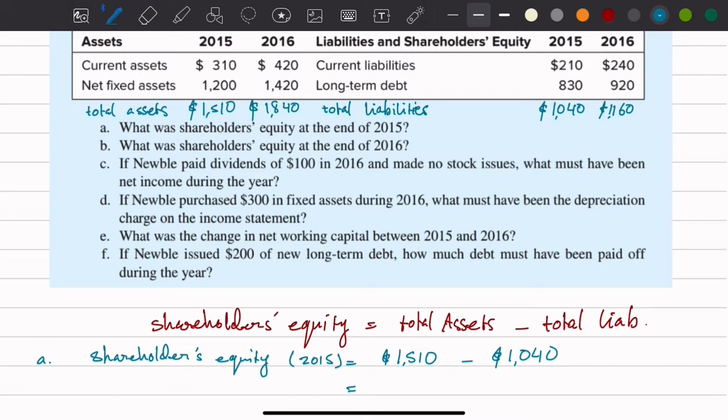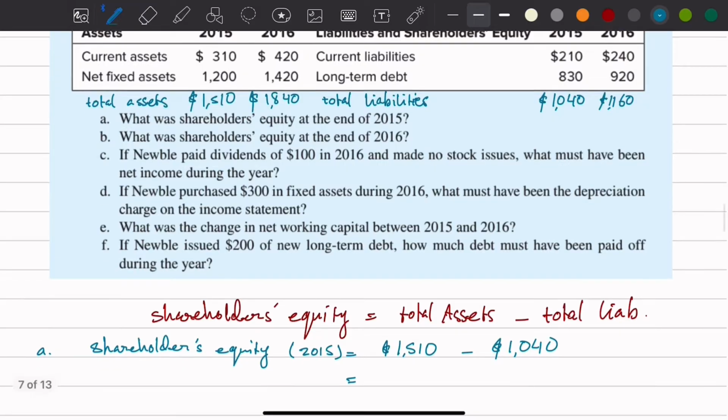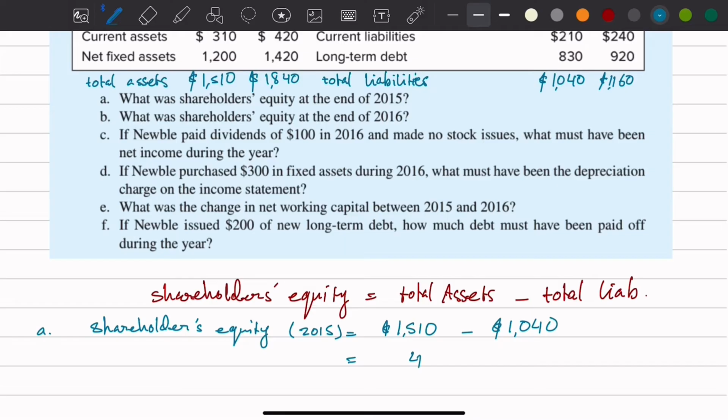Going back to our calculators, 1,510 minus 1,040. That's 470 million. $470 million.